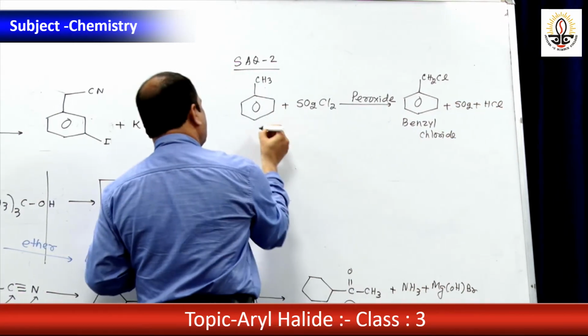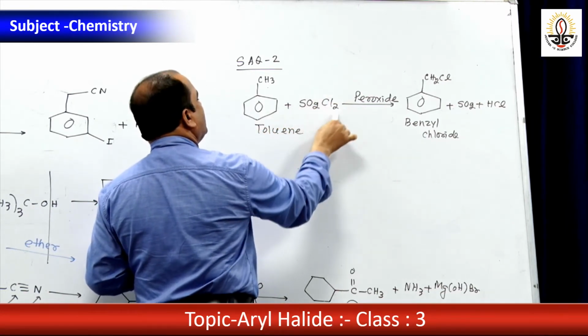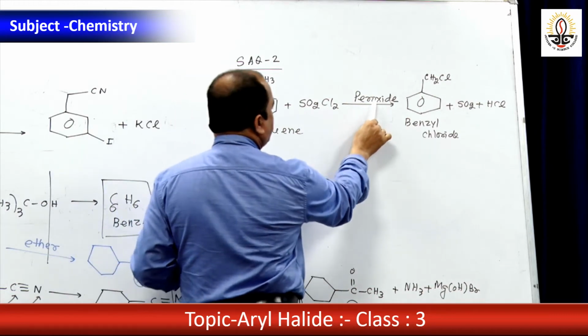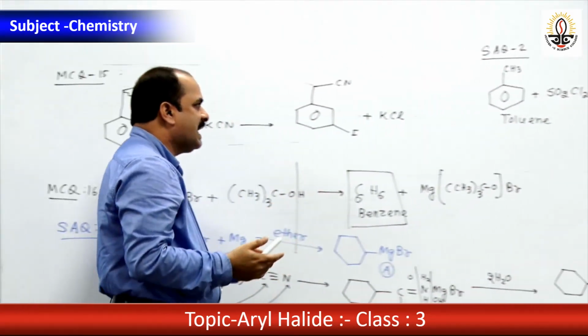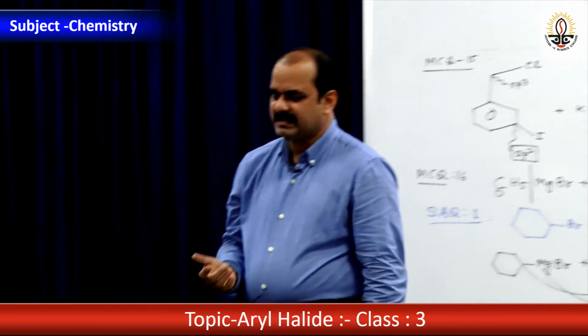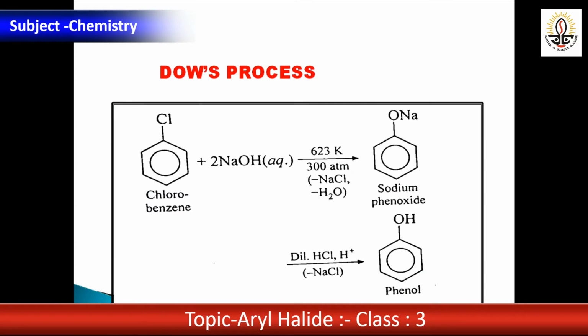It means when toluene reacts with sulfonyl chloride in presence of peroxide, benzyl chloride is formed. The reaction takes place at the benzylic carbon. Next, come to one name reaction, that is Dow's process. How does aryl halide react with NaOH, Dow's process.